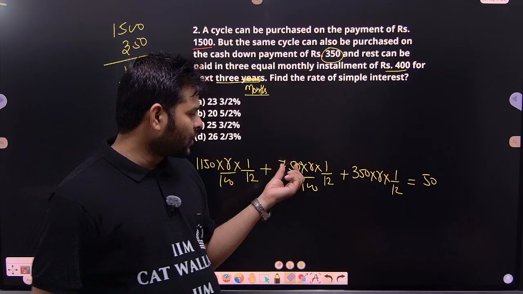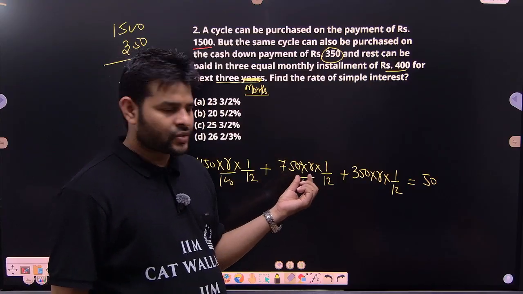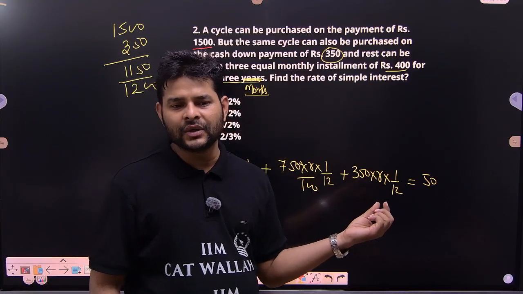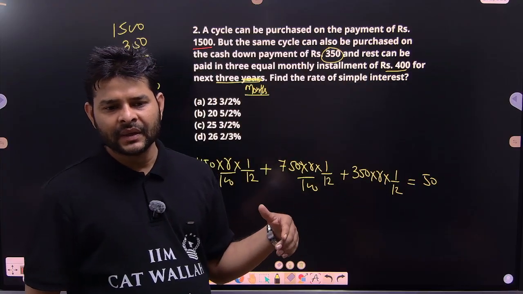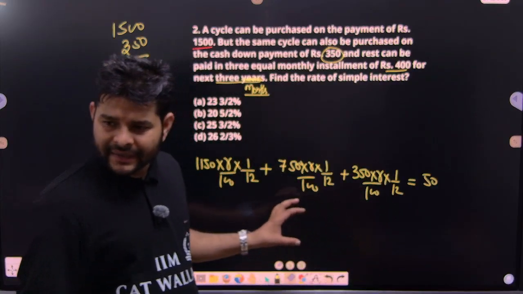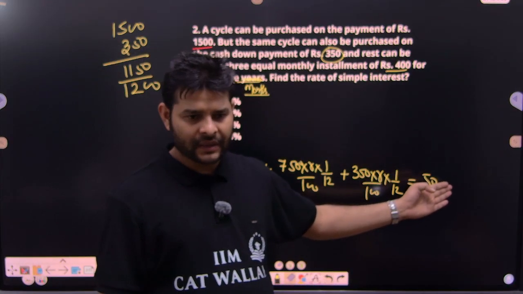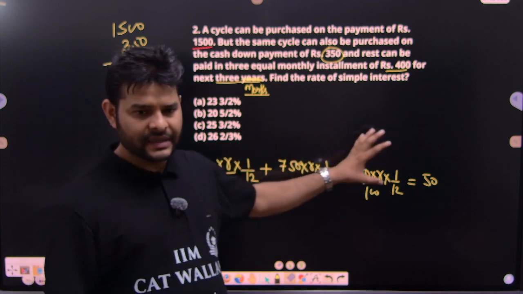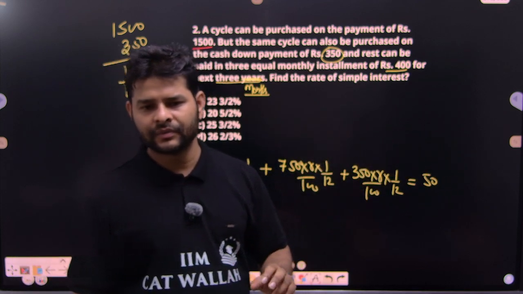So that 400 would be directly deducted. So now I pay the interest on 350 with the rate of interest R%, and the total interest I have to pay is 50. So that interest would be equal to 50.